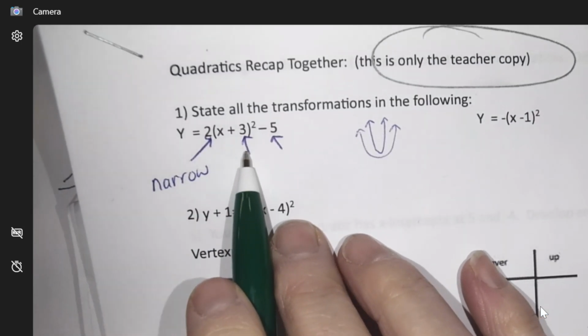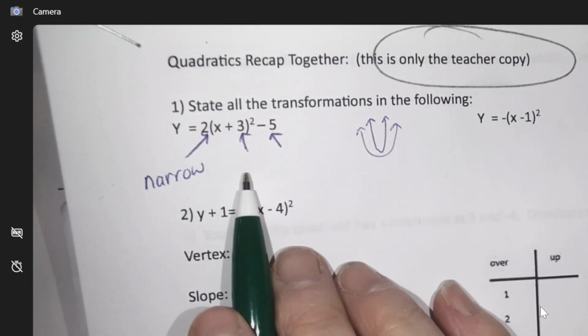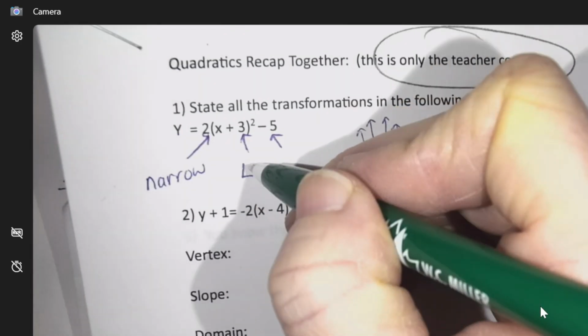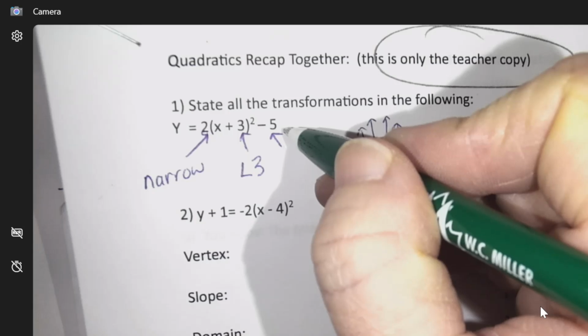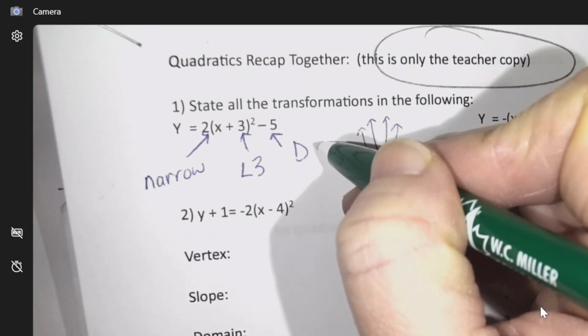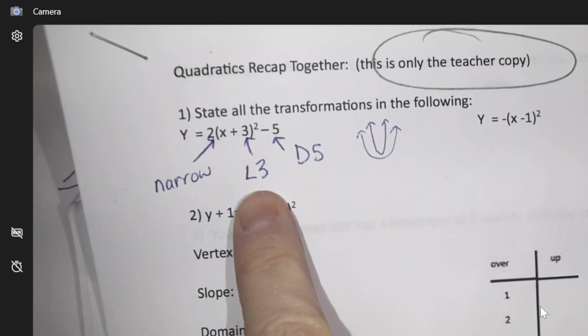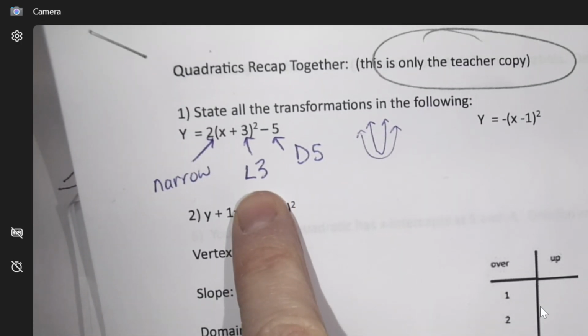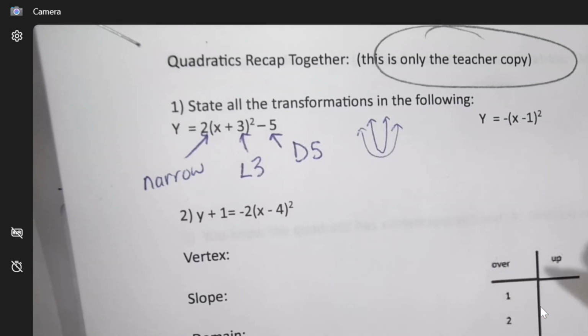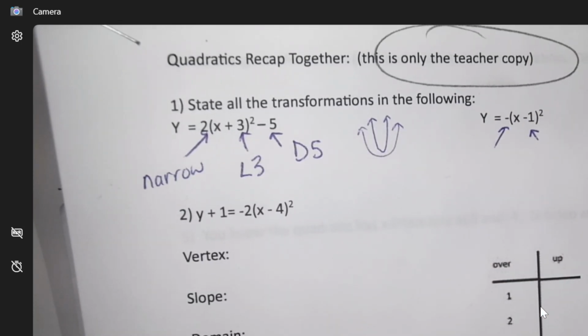And then I shift which direction 3? To the left. And 5, I would have to go down. Do you notice how this one's opposite in the bracket? Remember that?